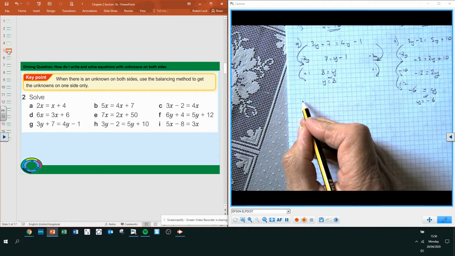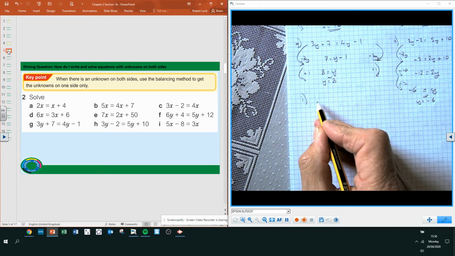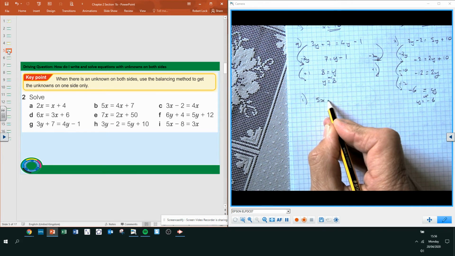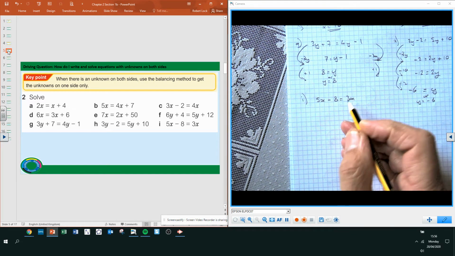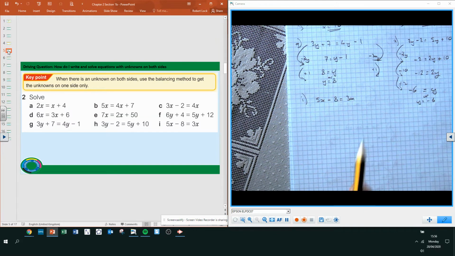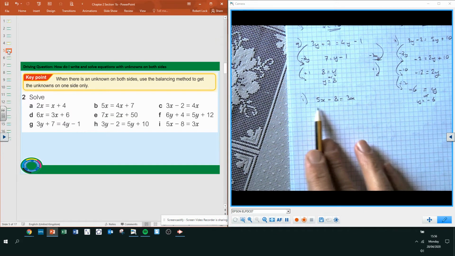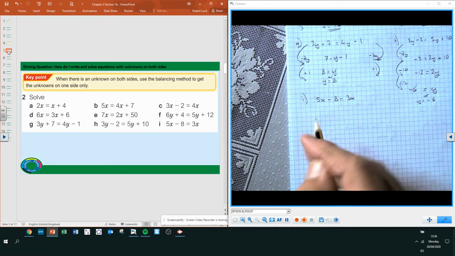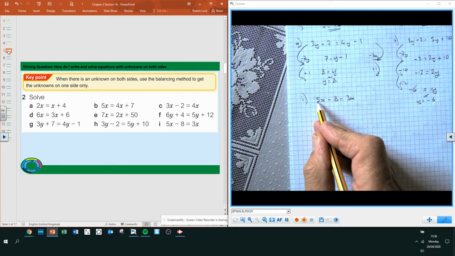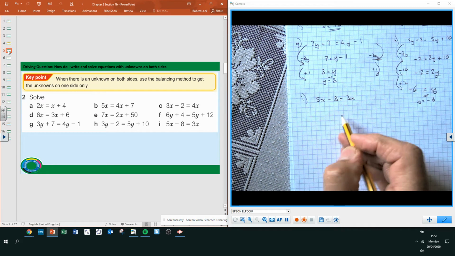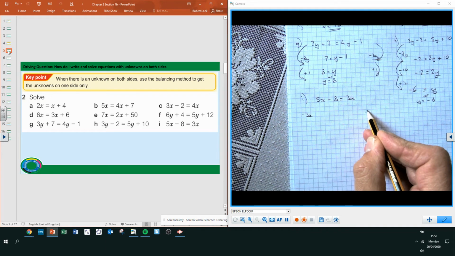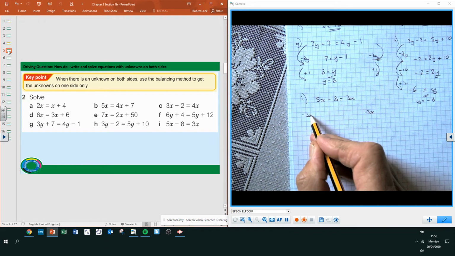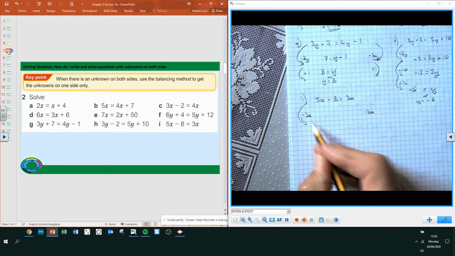I, 5x minus 8 equals 3x. And take the letters away from here, end up with nothing on that side. The majority are over here, so take the smaller number away from the bigger number, so minus 3x, both sides. 5x take away 3x is 2x.